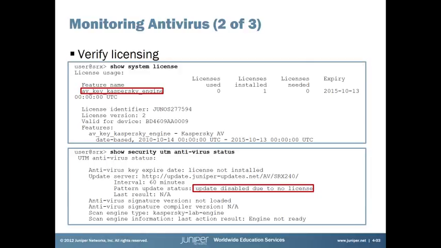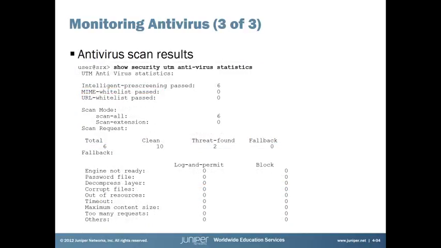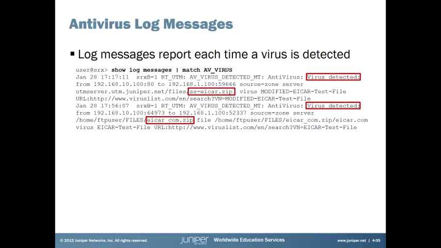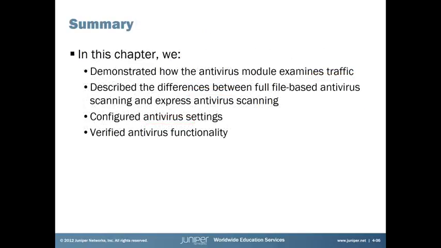In this particular case it was saying that the license was expired, so it was disabled. And antivirus scan results: you can take a look at the statistics and see what we've been finding. It also appears in the messages log, which of course is the syslog file for our device.